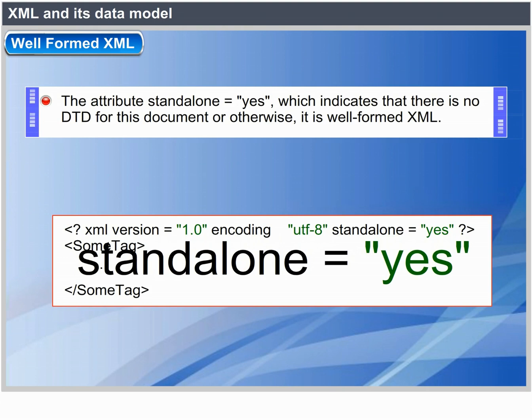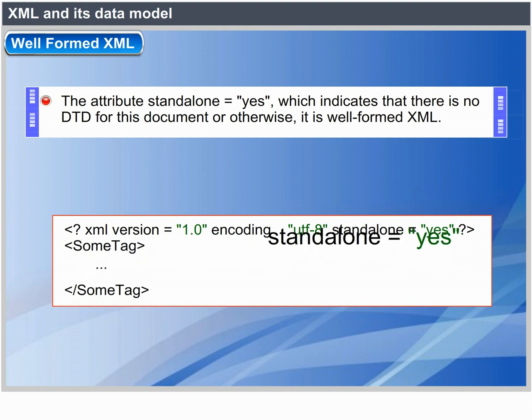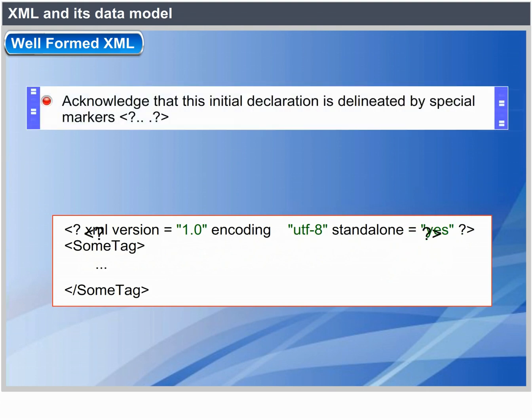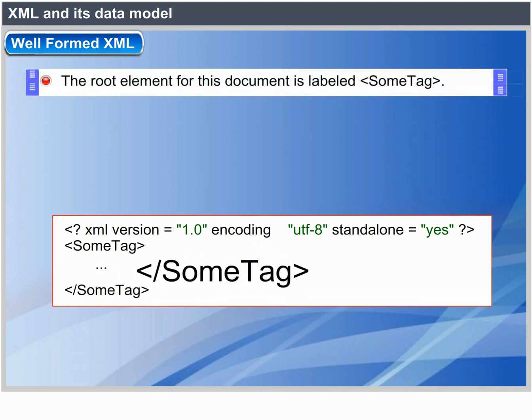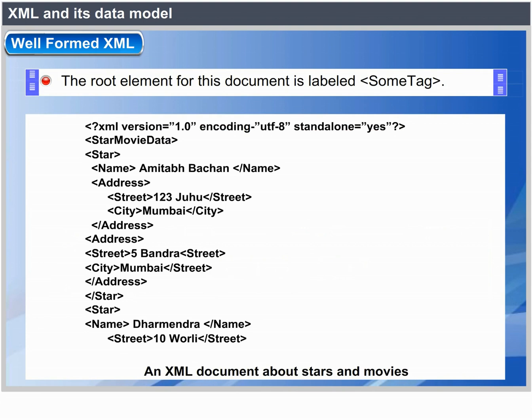That is, it is well-formed XML. Notice that this initial declaration is delineated by special markers: less than, question mark, greater than. The root element for this document is labeled some tag. An XML document about stars and movies program is as shown.